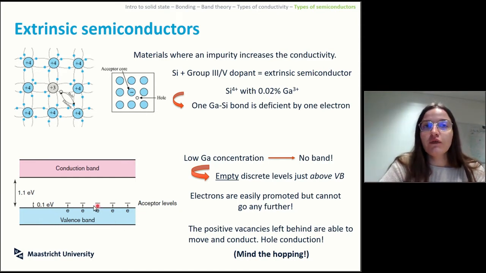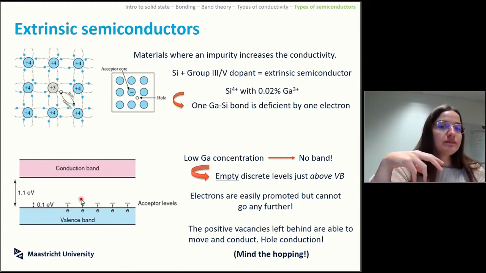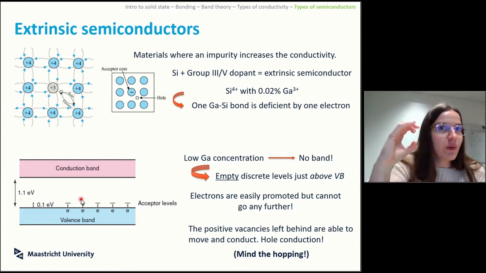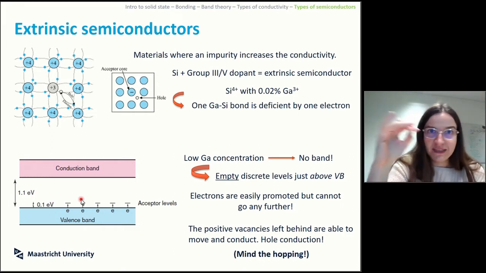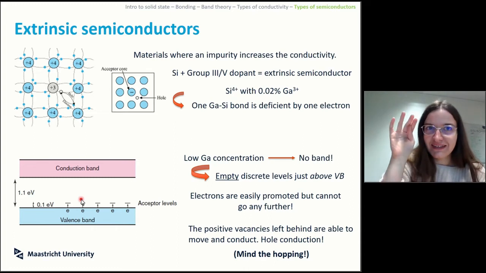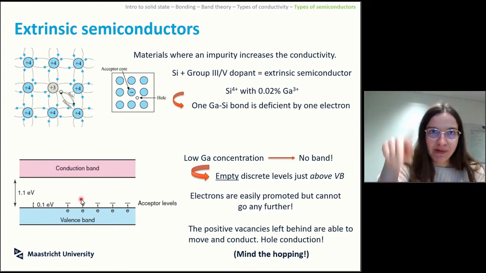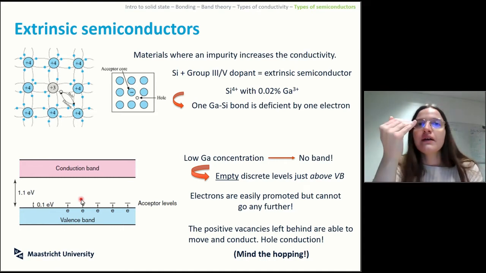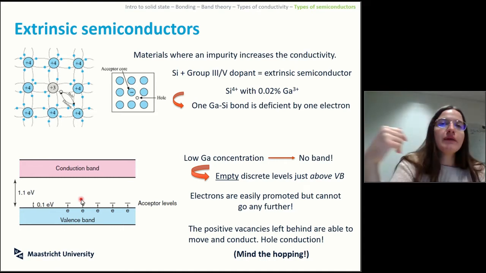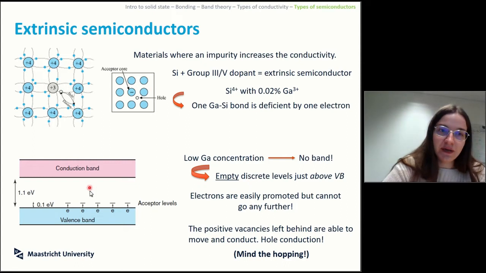By nature of popping these electrons in a discrete, localized, not band level, the electrons cannot move anymore. They are in that nice energy state, but they cannot go around because there is nothing neighboring in which they can actually stay in the same energy, and the gap up here is still pretty big.